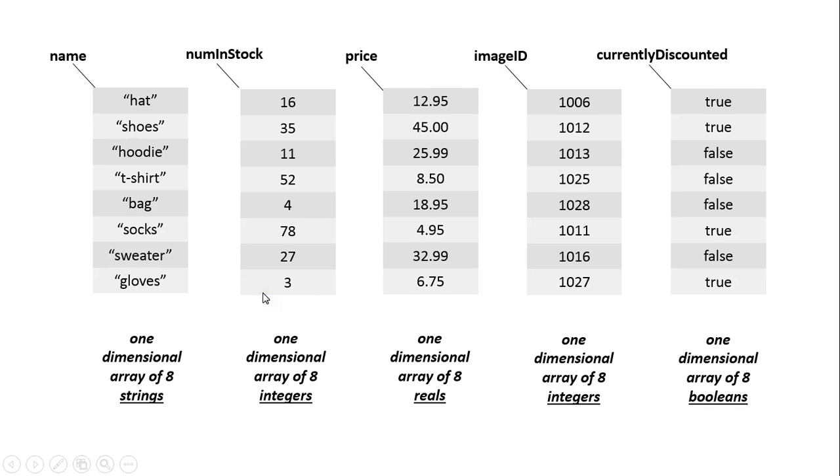part of the data. And in fact, in real life, these stock items probably have a large number of attributes or fields, if you like. You know, you could have the manufacturer of the hat and the country of origin and whether or not it can be delivered. So this only shows 5 arrays, but in fact there could be any number of pieces of data.